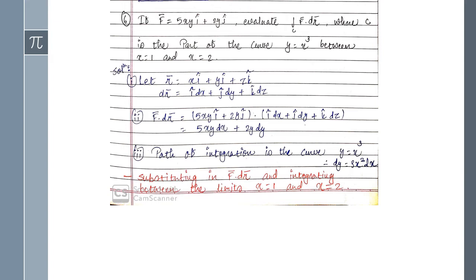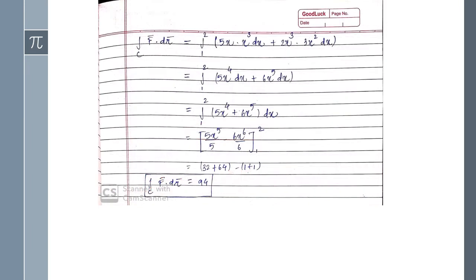Now as I said first, the limits are given in x form, so of course we will convert f dot dr into x form. Substituting in f dot dr and integrating between the limits x equals 1 to 2, in place of y we write x cube.